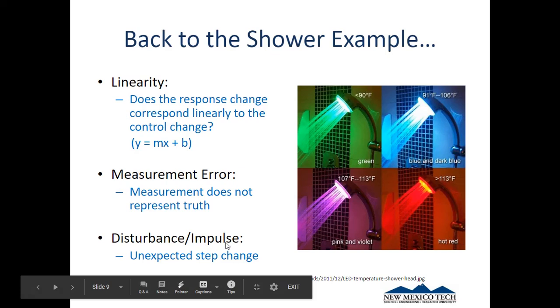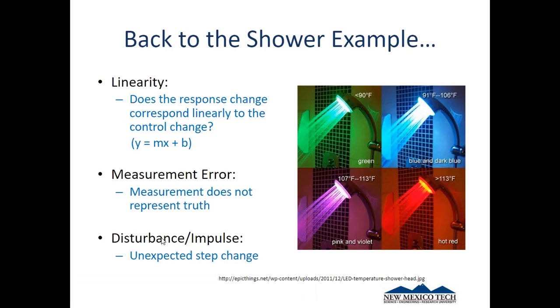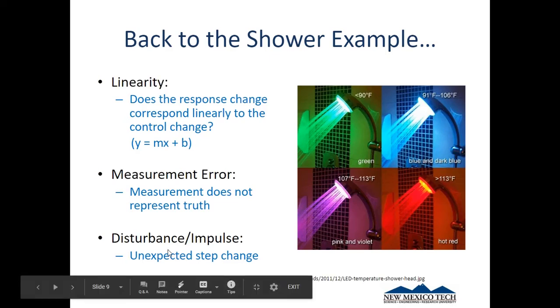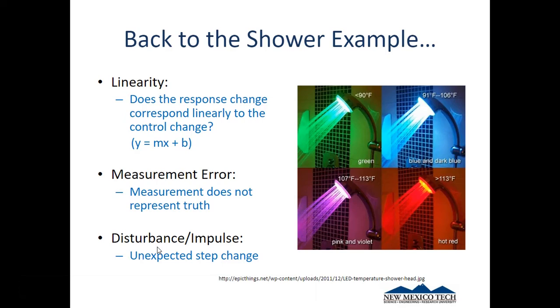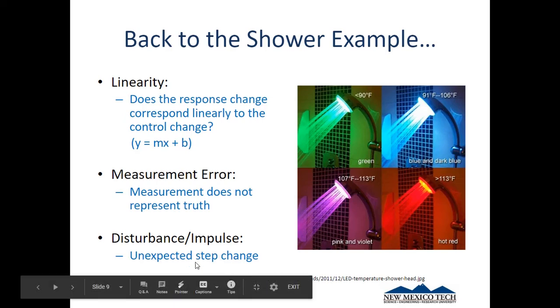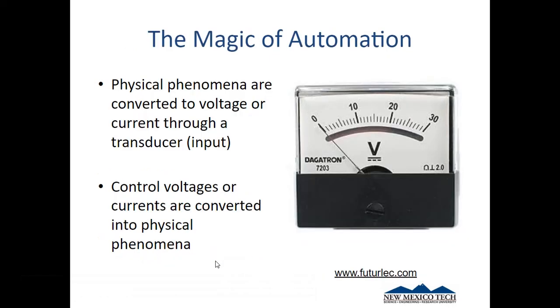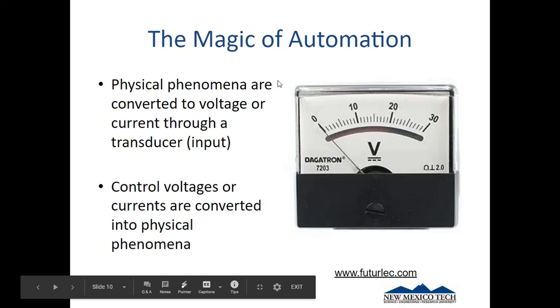I know in our dorm when I was a freshman, if somebody flushed a toilet, the water would all go hot. And so the polite thing to do was yell flush, and everybody would step away from their shower so that they didn't get burned. So how does your system respond to a step change? That's an important feature.